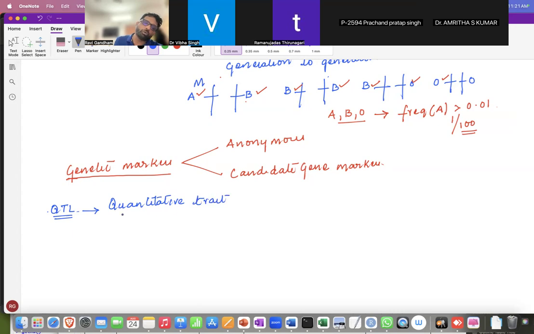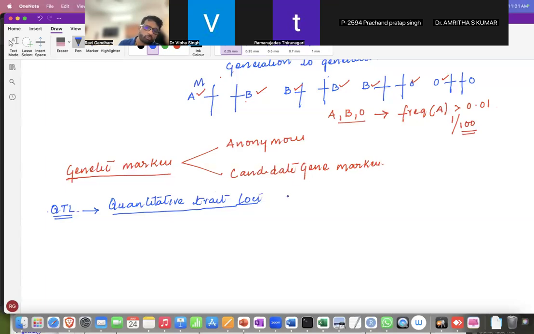Now, when you say quantitative trait loci, you have to identify the difference between quantitative traits and qualitative traits. If you talk about qualitative traits, you have discrete classifications. Like, let us say, skin color.